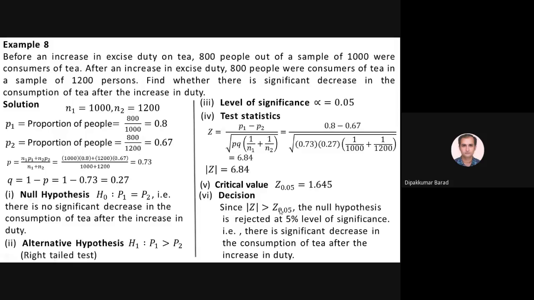So we can say that the null hypothesis is rejected at the 5% level of significance.